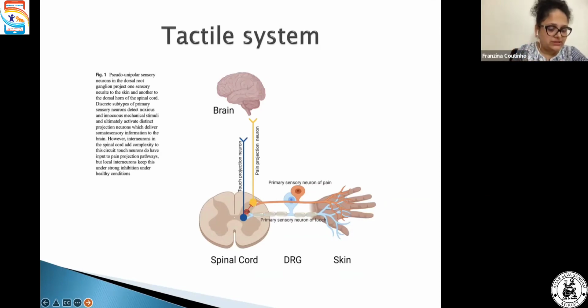Is this a difficult concept? Should I break it down a little more? No? Yes? Okay. So the DMN causes a child to hyperfocus.